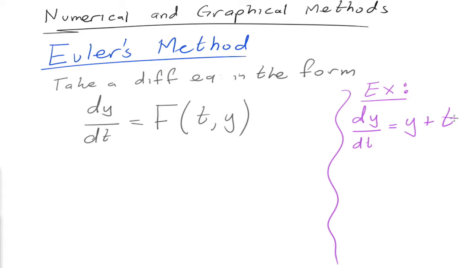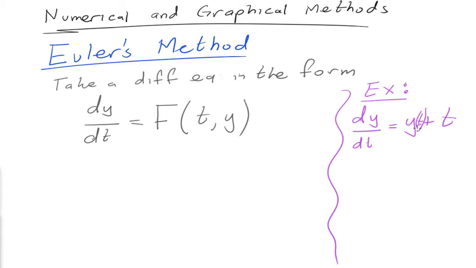Now notice, though, that t represents time, but what is y? y is the position function. y is a function of time, because I'm getting the derivative of y with respect to t. So I write y plus t, but here y is actually a function of t.